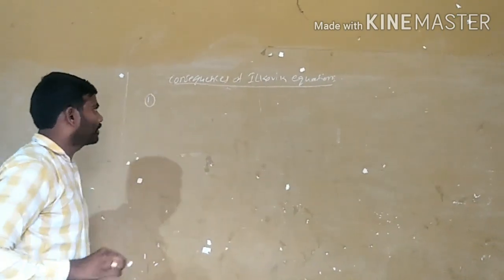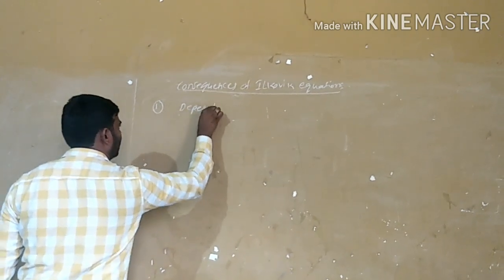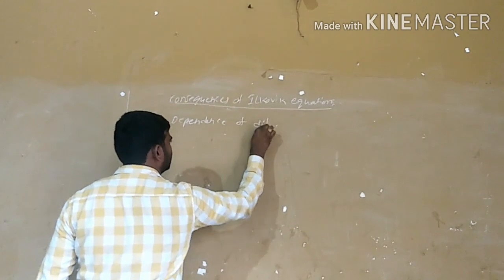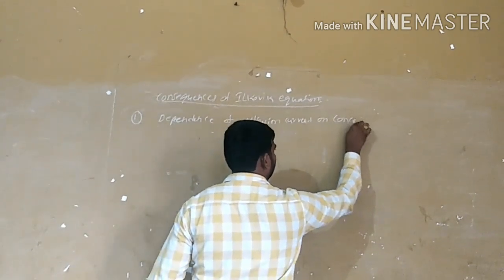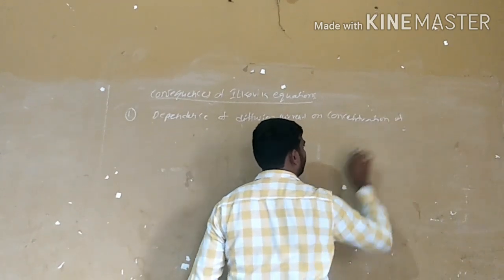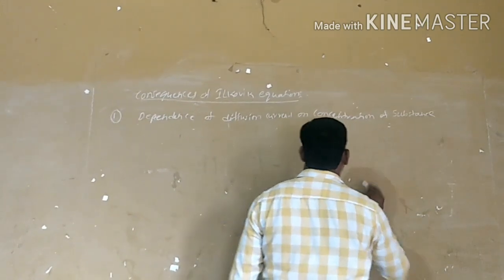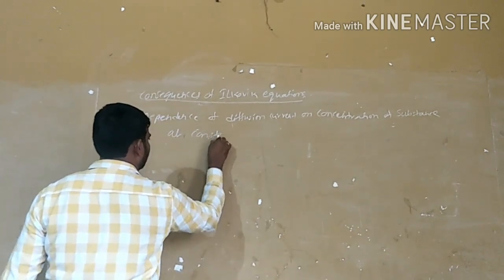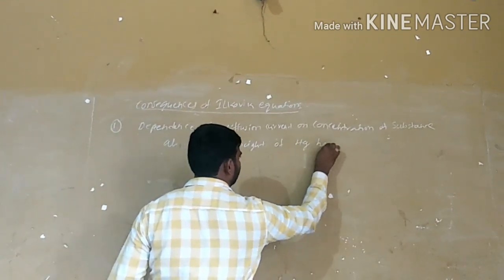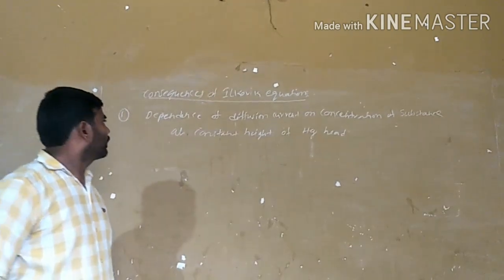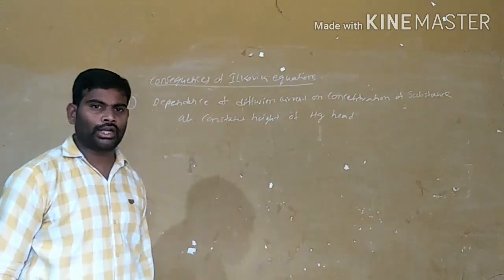The first consequence of the Ilkovic equation is the dependence of diffusion current on the concentration of the electroactive species, that is, the substance, at a constant height of mercury head.